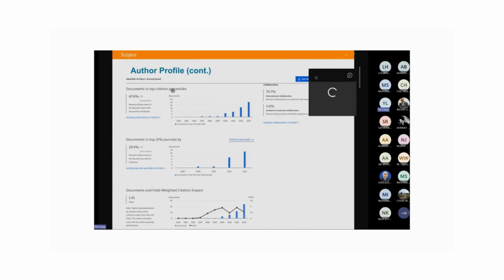Top citation percentile also refers to the top 25%. And for the 142 documents, the average FWCI is 1.91, which means that on average, most of this author's publications are normally more highly cited than similar papers.